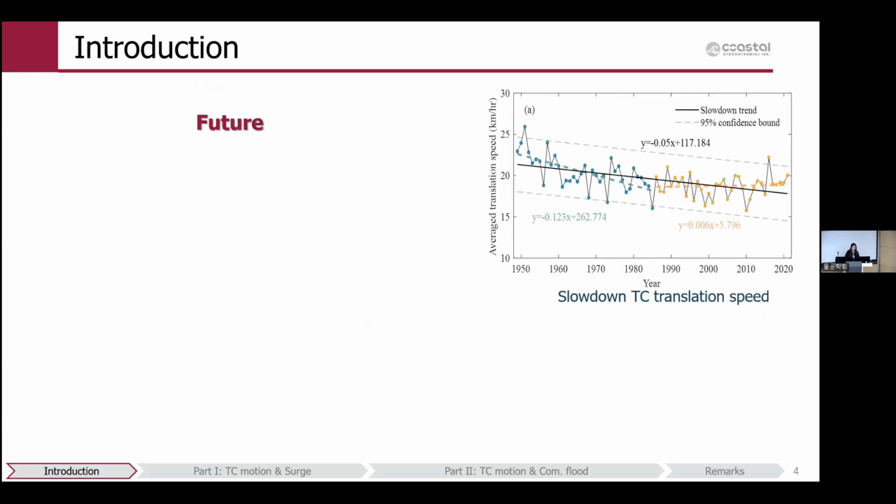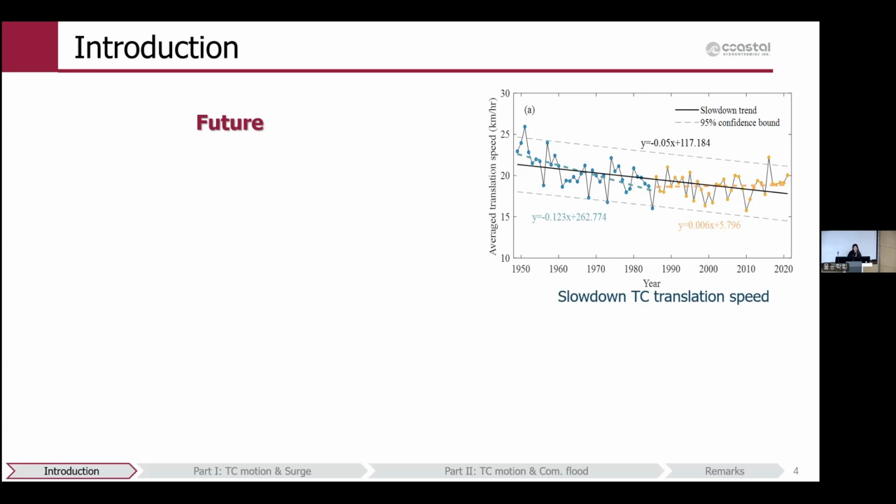So why do we need to consider the TC motion in storm surge events? Some studies have reported that in the future, the tropical cyclone translation speed will slow down, which also means the rainfall will last a long time.